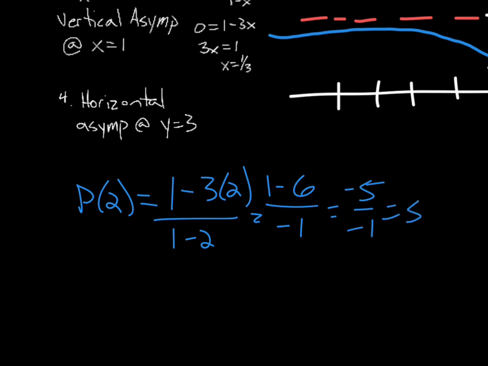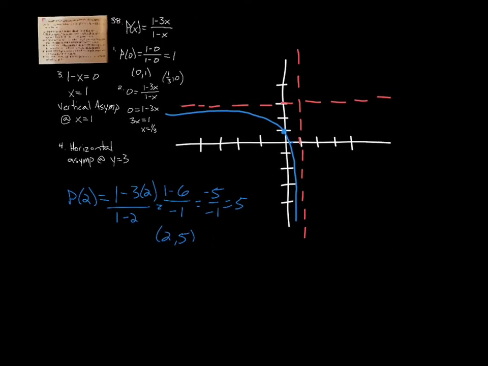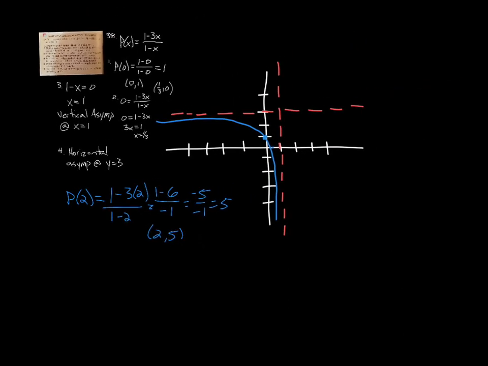So then we have a coordinate of 2, 5. All right, so let's go back to our graph. So 2, 5 would be about right here. And so then it's going to be basically this shape now.